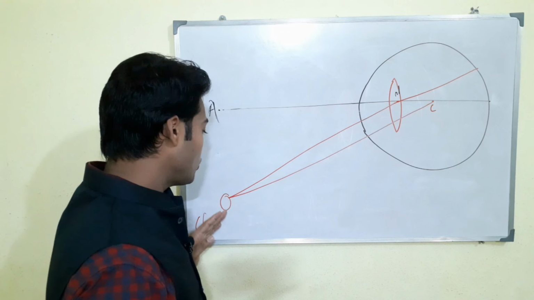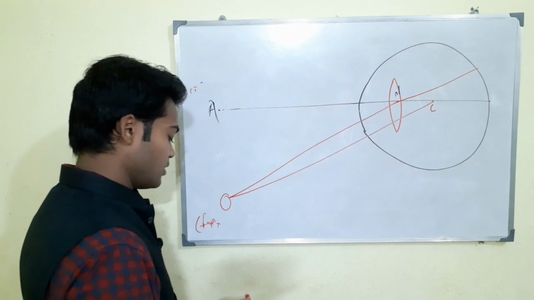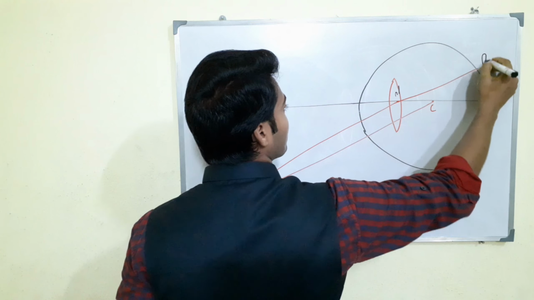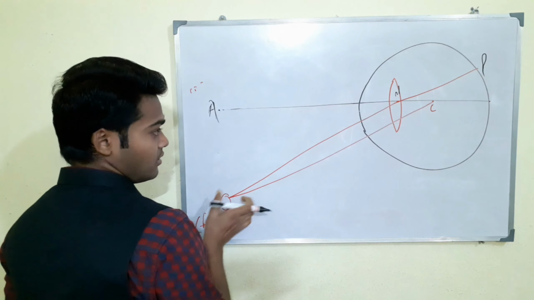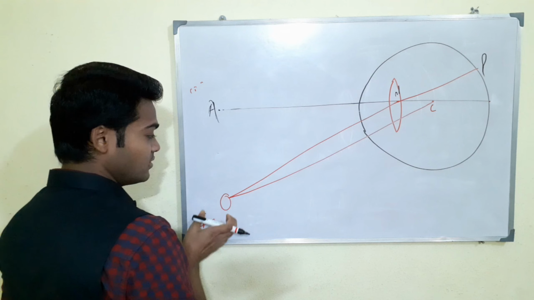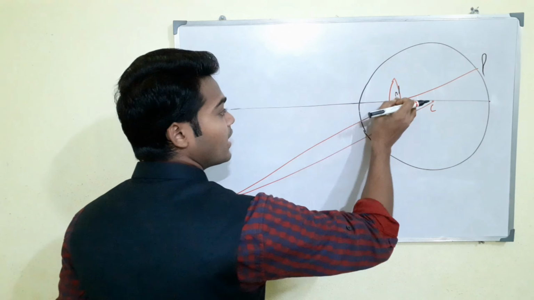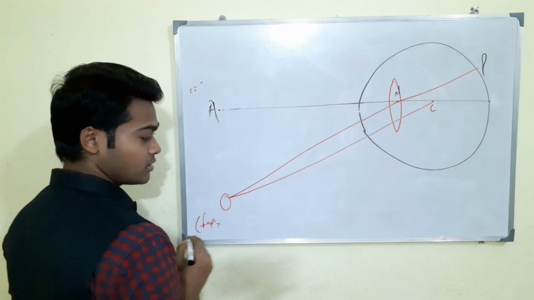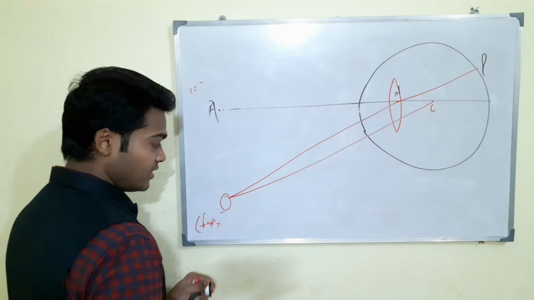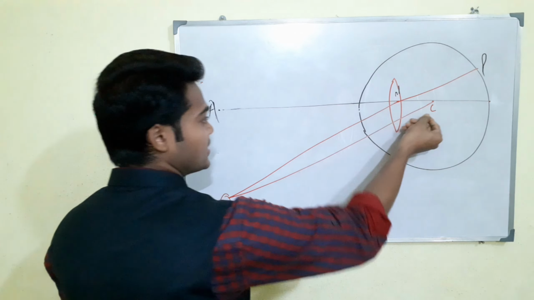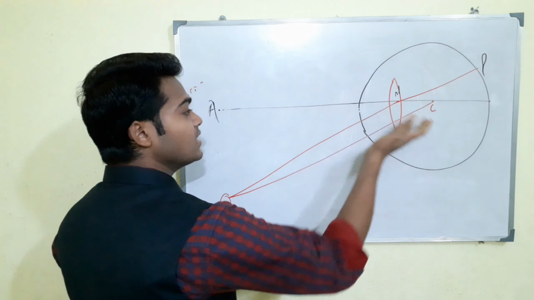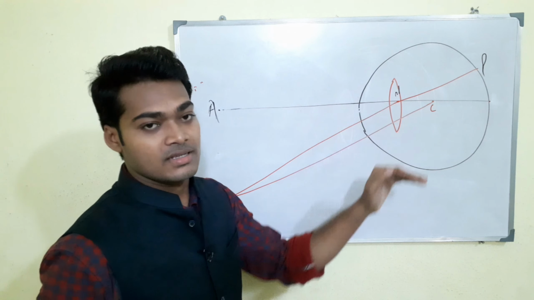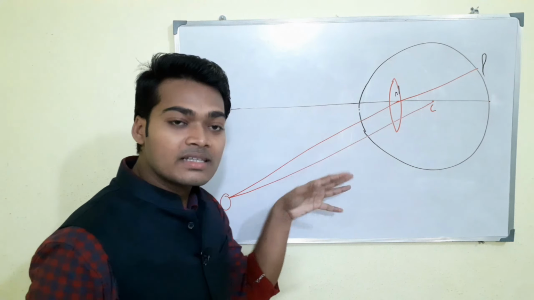The second one, O N, or I write it simply as P. The line joining O and P through N is called the visual axis, from the fixation point O. And the line joining O and C forms the fixation axis. So basically these are the three axes.